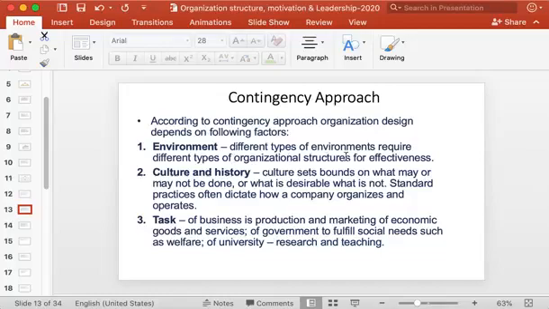And the culture and history sometimes may not allow the change of organization structure because of restrictions on what may or may not be done, or what is desirable and what is not desirable.